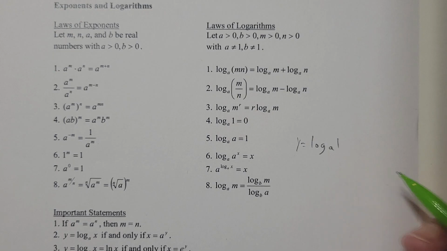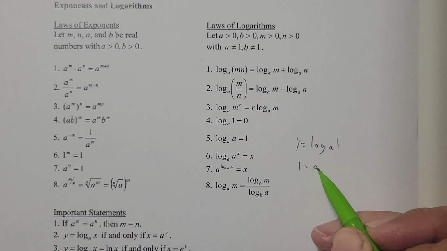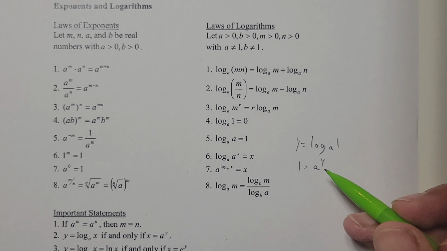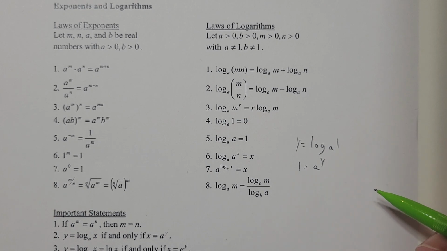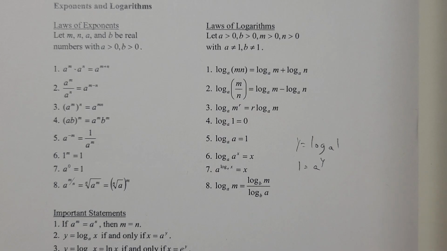Well, if I use the definition of a logarithm, x equals a to the y, x is 1, so 1 equals a to the y. What is the only possible value for y to make this statement true? y has to be 0, right? We know that anything to the 0 power is 1. So log base anything of 1 is always 0. Okay, that's where law 4 comes from.